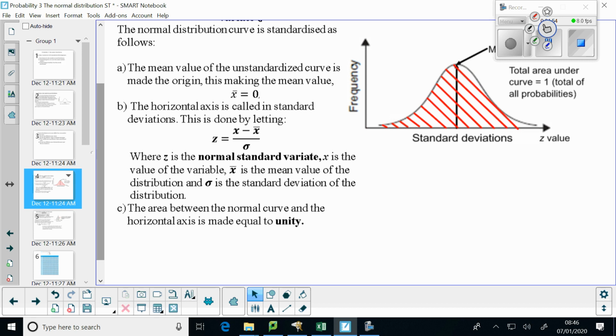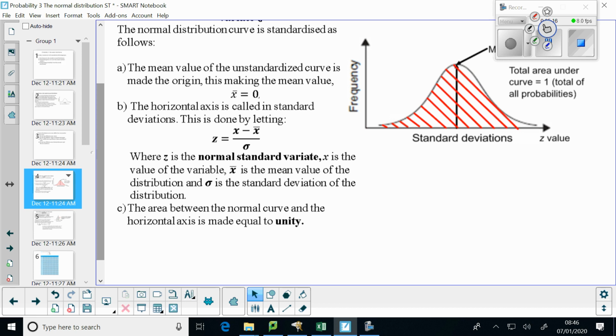Alright, and then they say that the area between the normal curve and the horizontal axis, that's shaded in red, is equal to 1. Remember, 1 is always the sum of all your probabilities. Do you remember that from before Christmas?